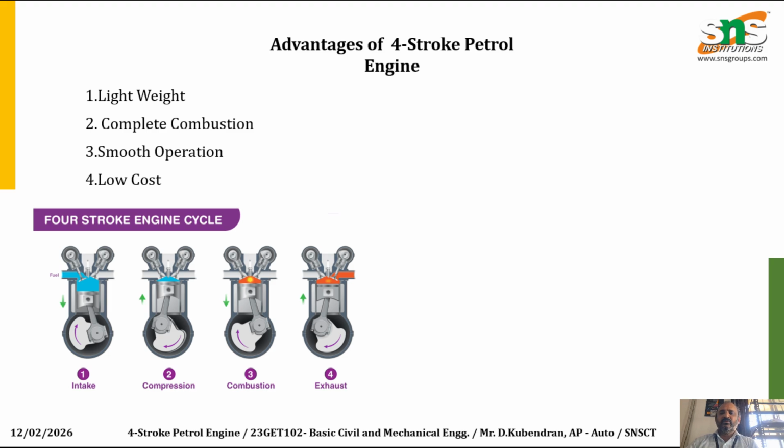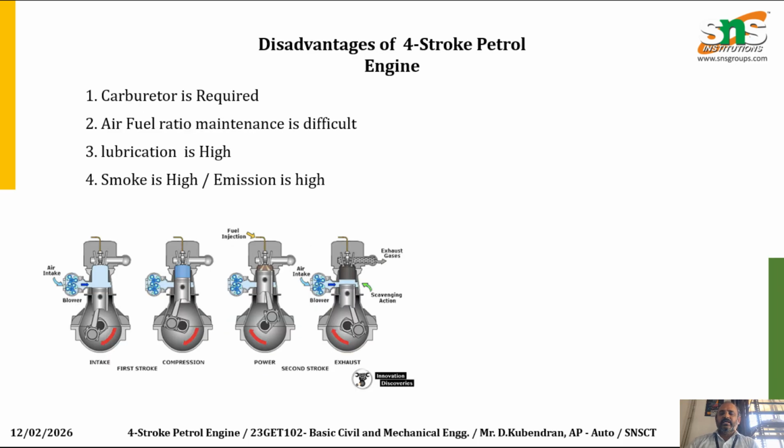The disadvantage is that the petrol may burn slowly and cannot burn completely. So 90% of the petrol is burned, but the remaining 10% is wasted. That is one disadvantage. And the fuel cost is high. Petrol fuel cost is high when compared to diesel. So this is the main disadvantage.